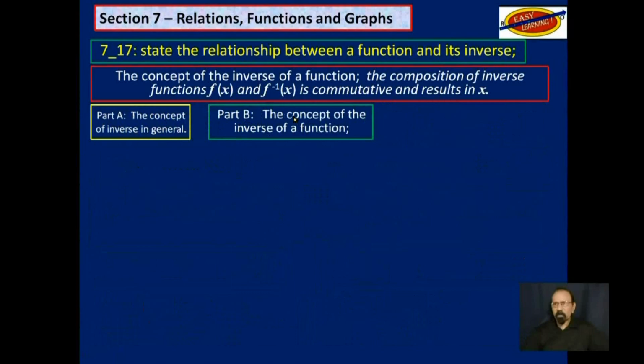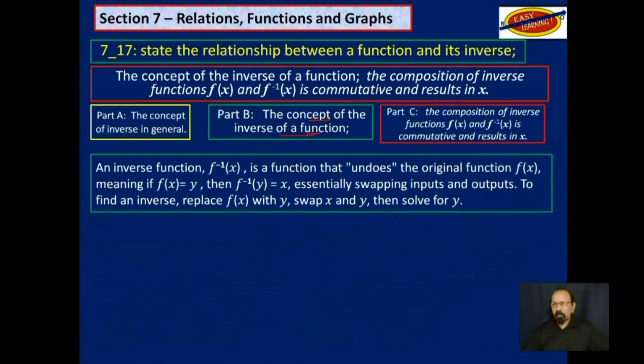Now let's talk about the concept of the inverse of a function. An inverse function, inverse f of x, is a function that undoes the original function f of x, meaning if f of x is equal to y, then inverse f of y is equal to x, essentially swapping inputs and outputs.